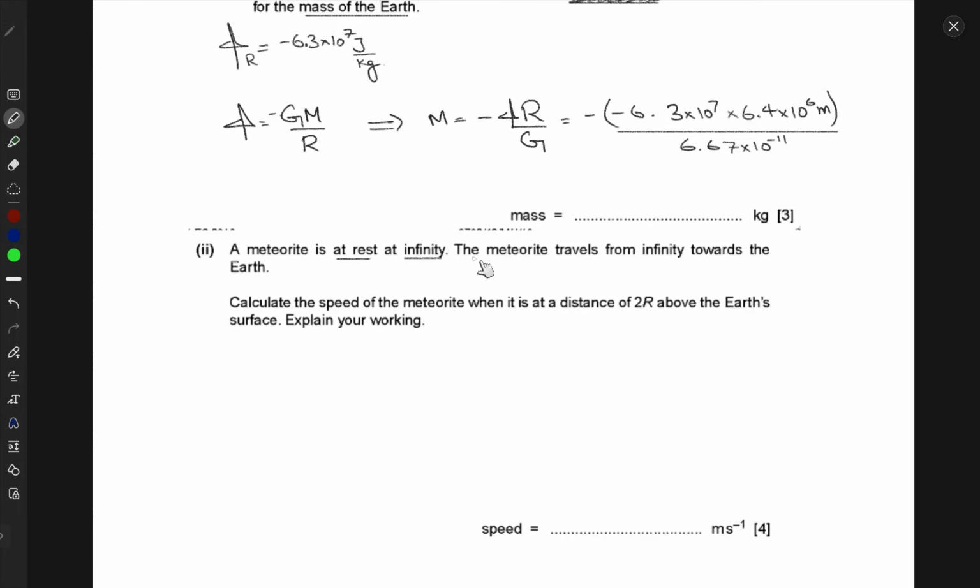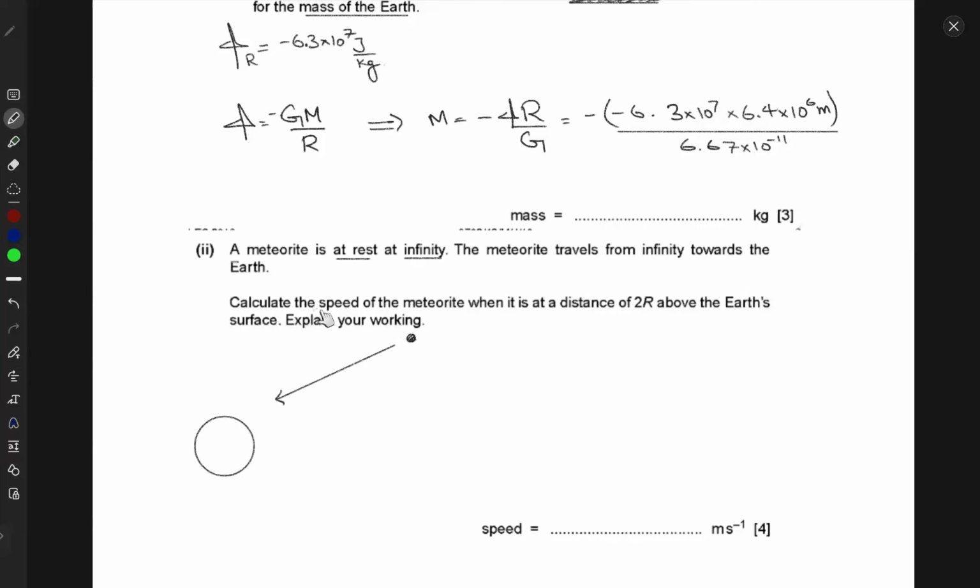Now it's saying that this meteorite travels from infinity towards the Earth. So here we have the Earth, and here is this meteorite. It's very far from the Earth, and initially this is at rest. But after some time, it starts traveling towards the Earth like this.